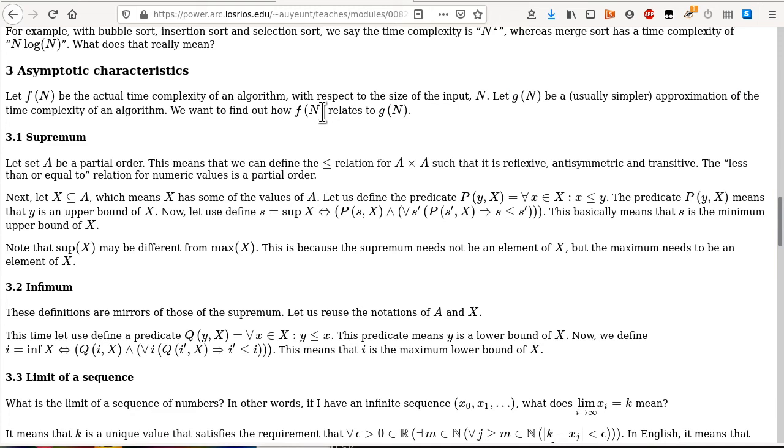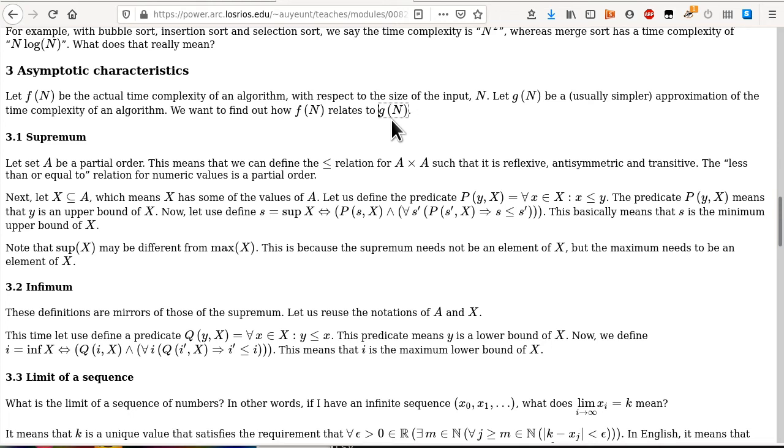So now what we want to say is, I in theory know what f is, and given a certain g of n, how does f relate to g? Or in some cases, we may not even know exactly what f is. We have a general idea, but we want to relate it to a simple g of n and see how they relate.